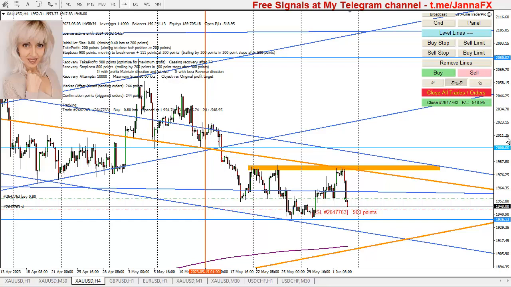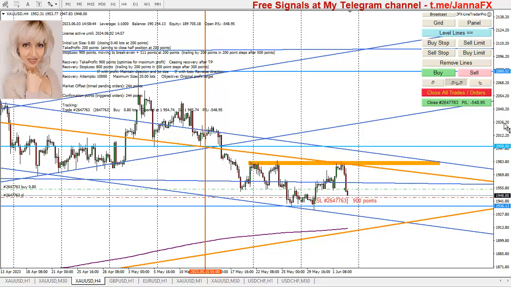My view with gold at that point is, guys, it really doesn't matter which way it goes. We are catching really nice moves in any direction, and I'm still expecting a possible continuation of the downtrend.